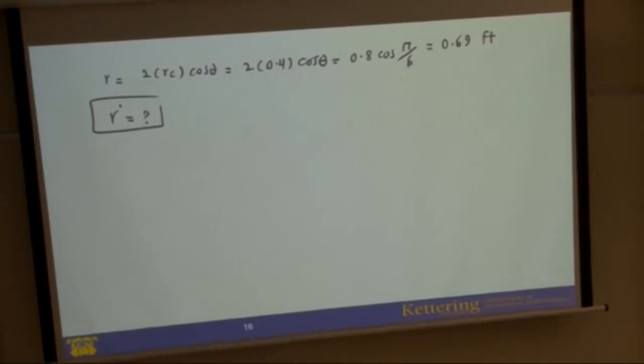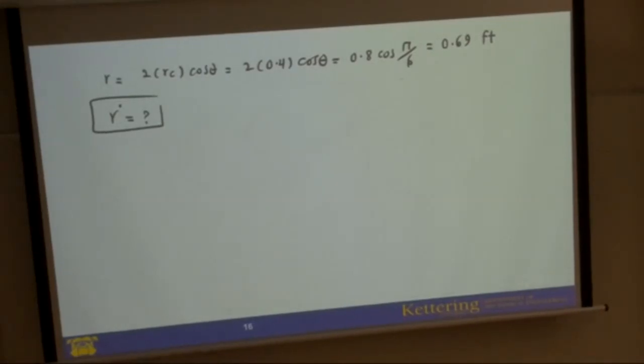The radius is given as a constant. Calculate the R dot. I have the number in here.